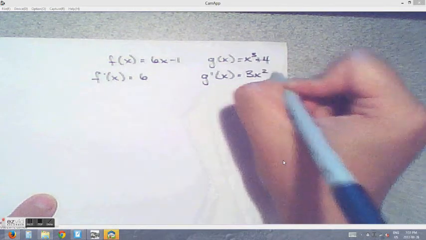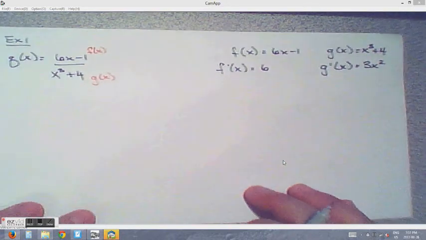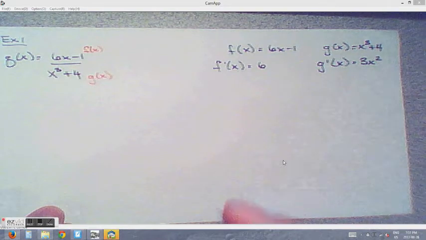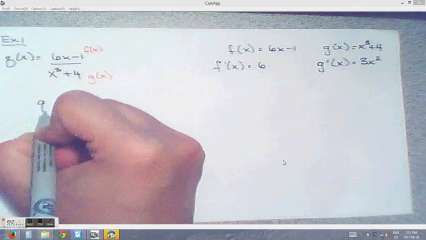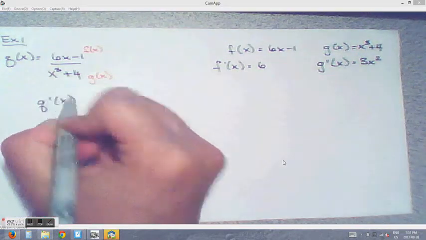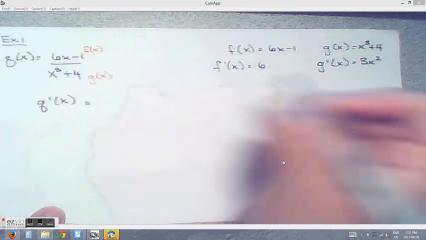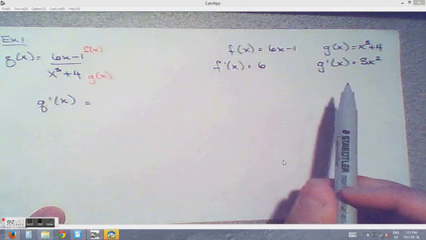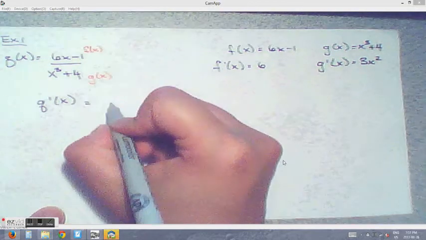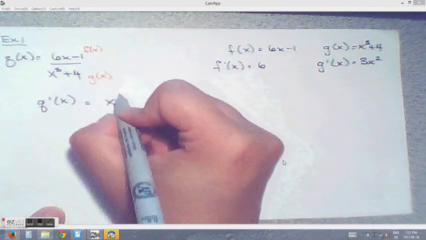Now I'm going to use my song until you get used to this. So q'(x), and the song goes low d high. So g(x), low, and order does matter with the quotient rule because of the minus sign.